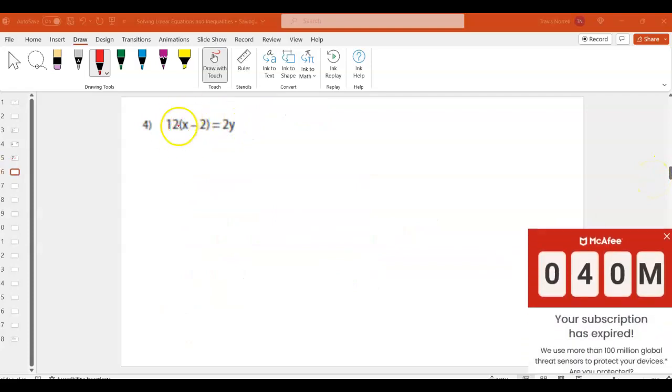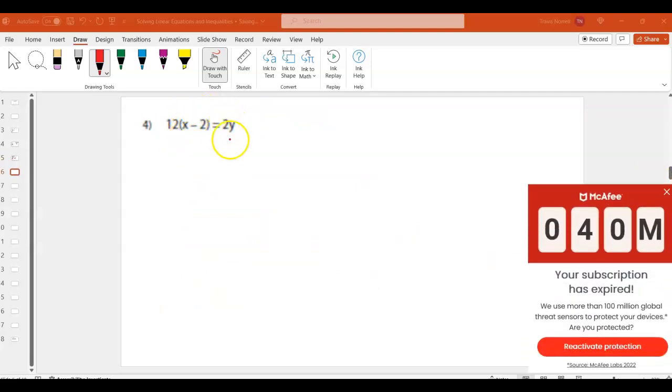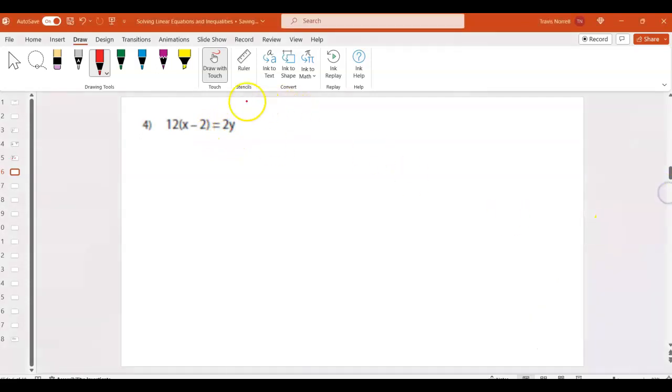Okay, let's try solving this one for y, because it's going to be real easy. There's only one thing happening to y. This one is being multiplied by 2. Being multiplied by 2, the opposite of multiplying by 2 is divide by 2.